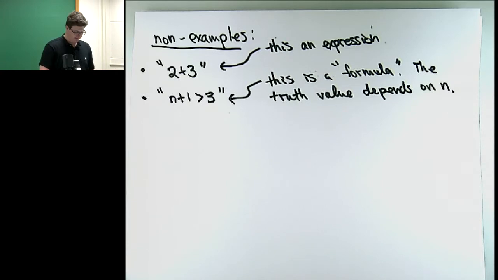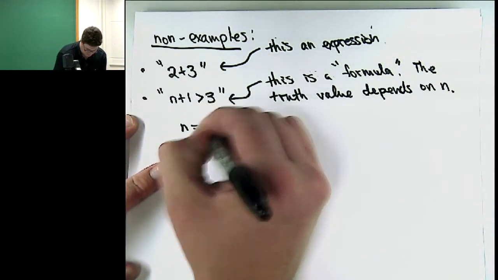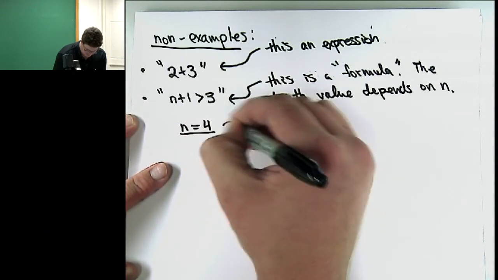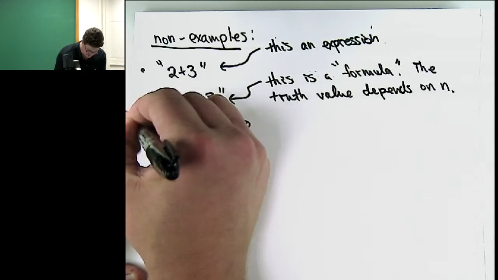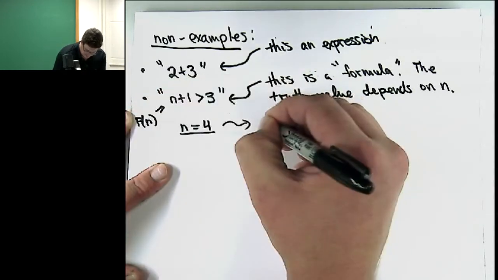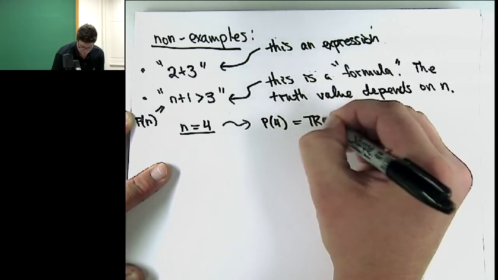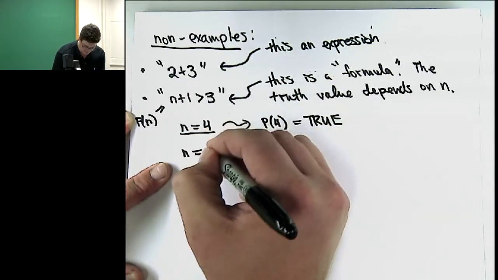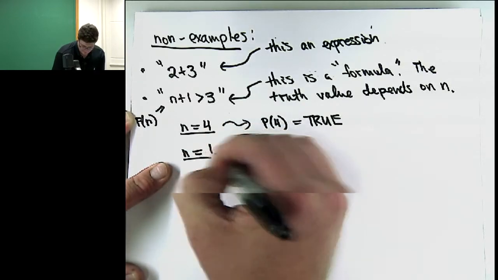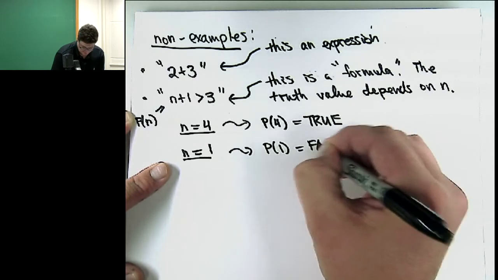So for example, if n was equal to 4, and we called this thing p of n, p of 4 is true. If n is equal to, let's say, 1, p of 1 is false.